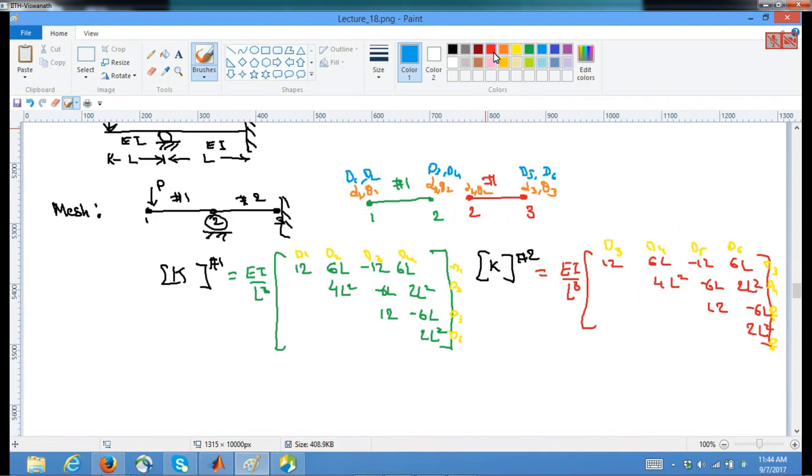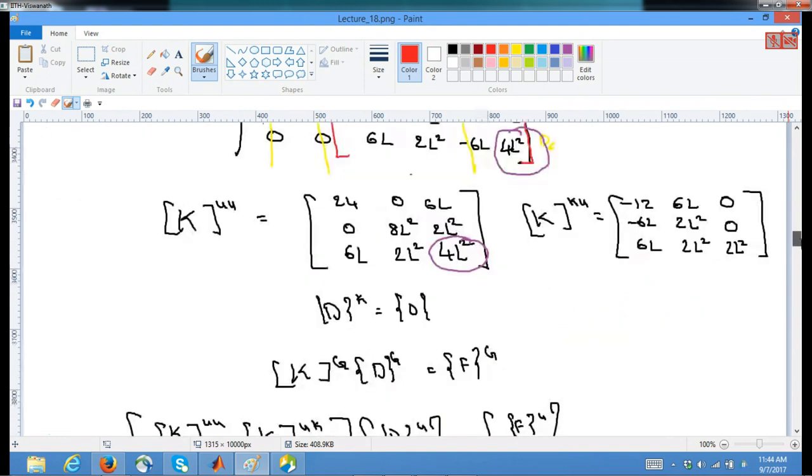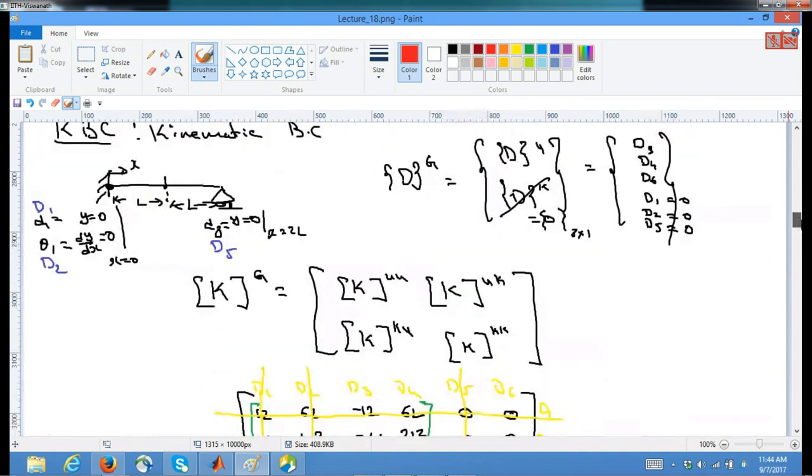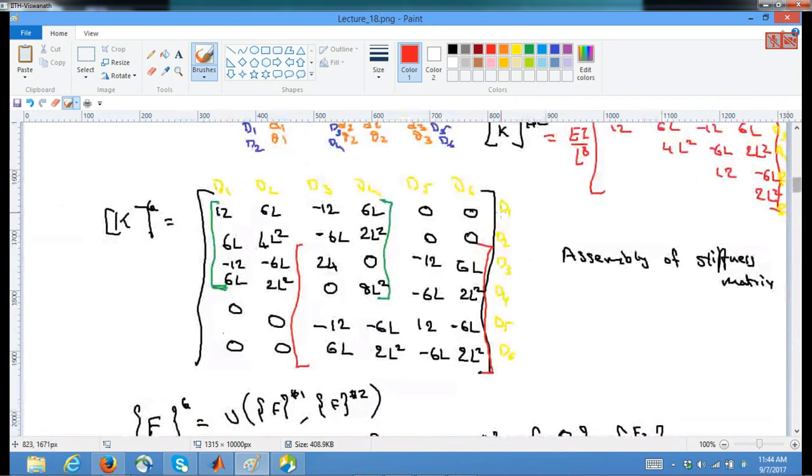And the global assembly is also the same. So I will use the global stiffness, which is given by this, and it will also remain the same.